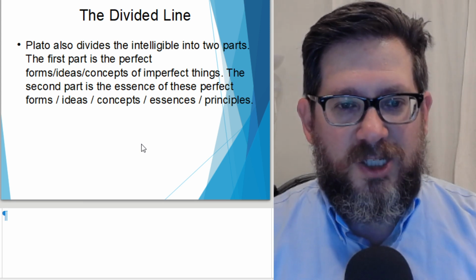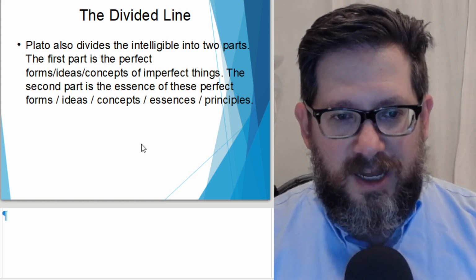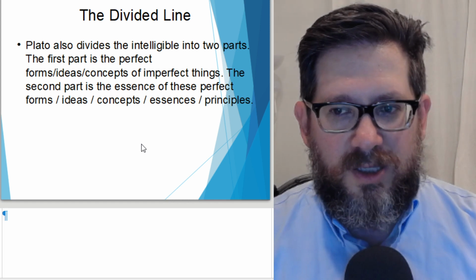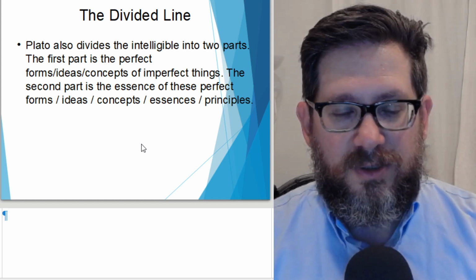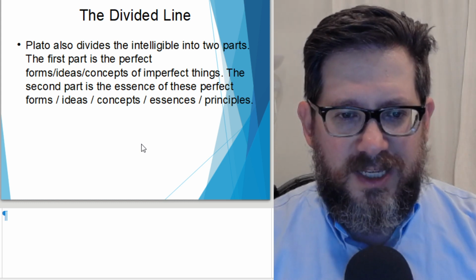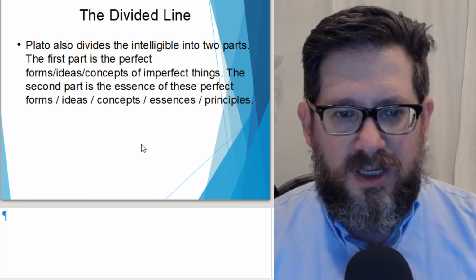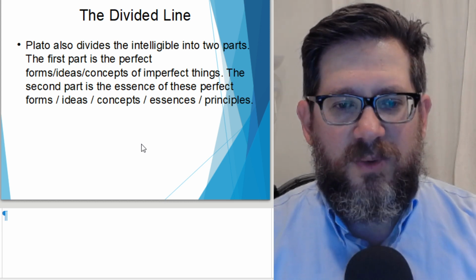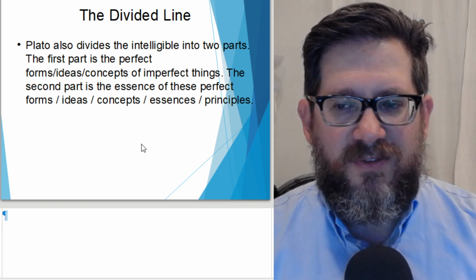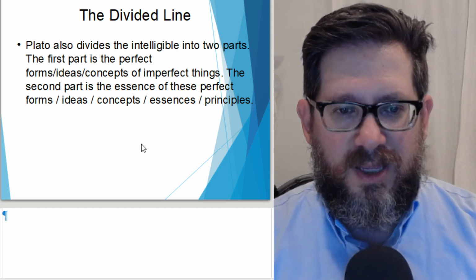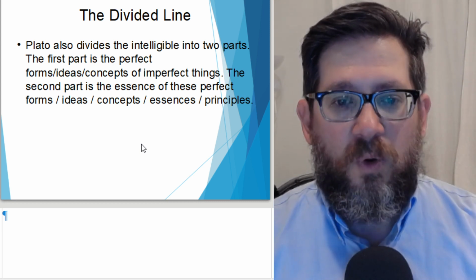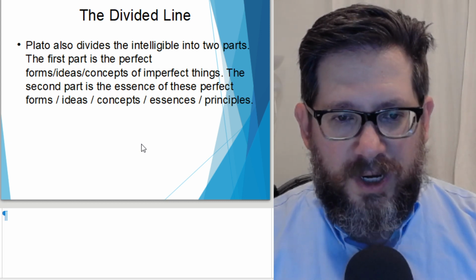Okay, so on the intelligible side, he's dividing it up, and what are the two parts then? Well, on the part closest to the center, we have all the forms, the ideas, or the concepts of the things that we find in the visible world. So we have the definition of a chair, the idea of a human being, the form of a square.